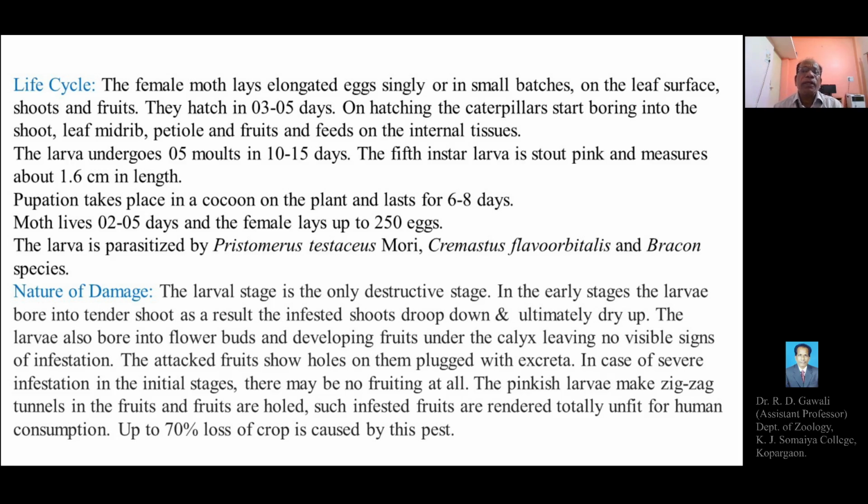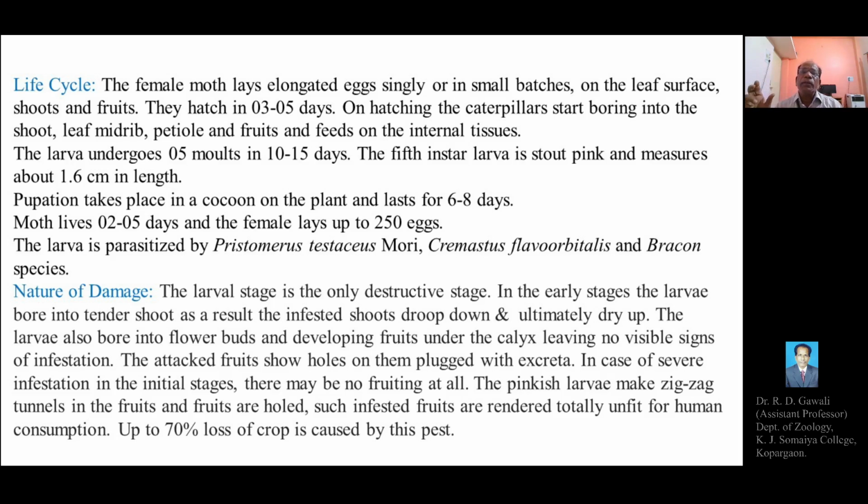So the adult moth can survive 2 to 5 days only, and the female lays up to 250 eggs during her reproductive life. So the moths, when they emerge out from the pupa, live for only 2 to 5 days.